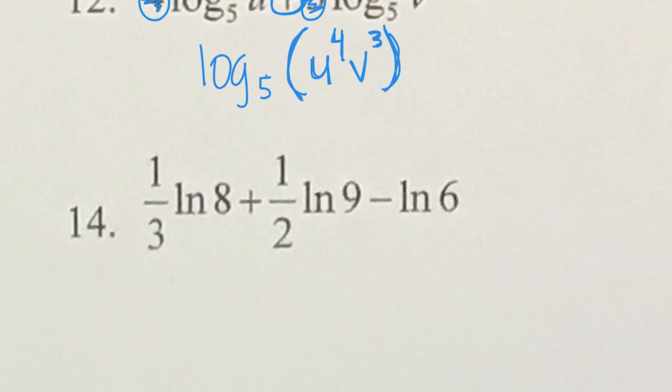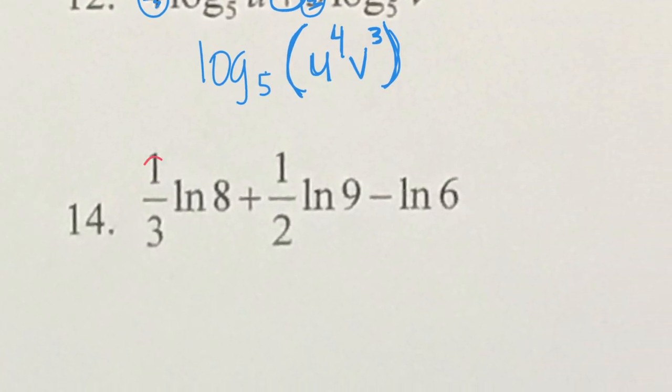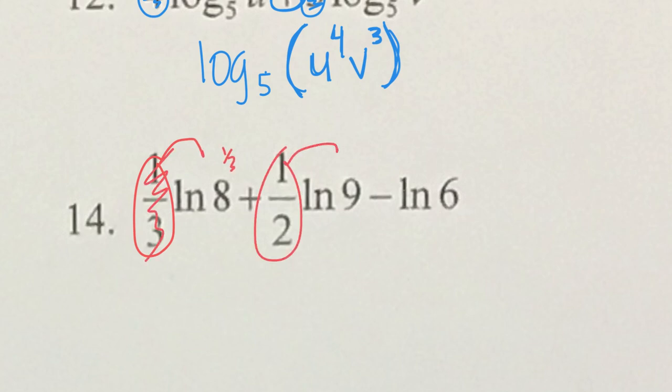And our last one, this one's pretty cute, right? This becomes the 1/3 power for 8. This becomes the 1/2 power for 9, and that's just ln of 6. So first we do the addition. Addition becomes multiplication.